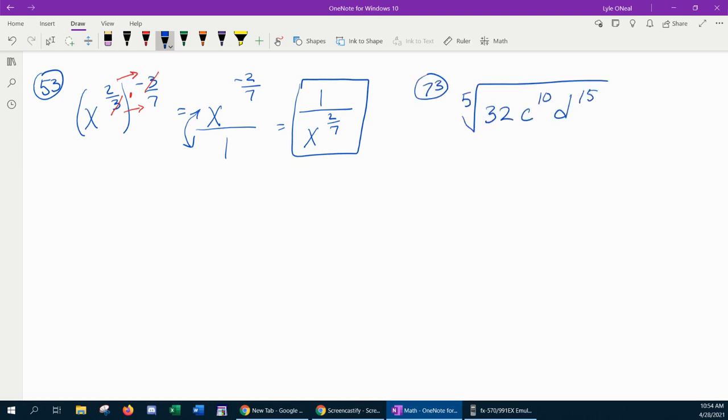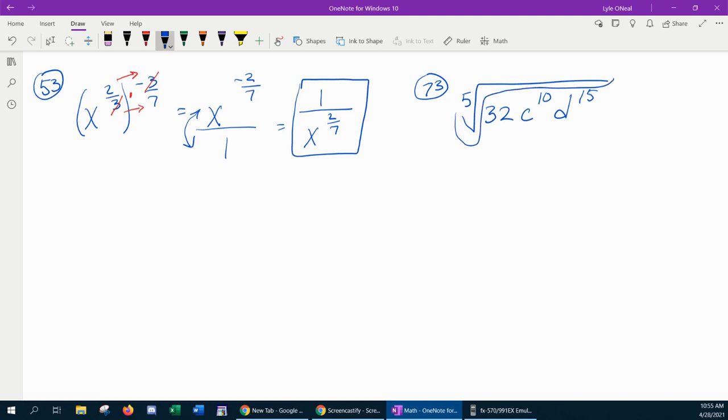And for our last example in this lesson, number 73, the instructions say use rational exponents to simplify. So this is going to give us another chance to talk about how to convert from a radical symbol to a rational power.